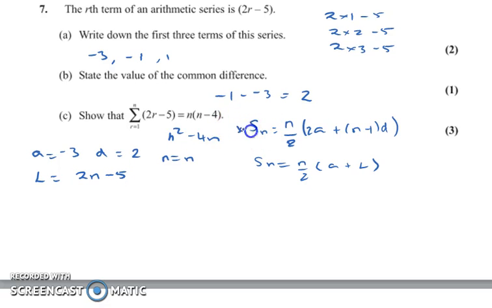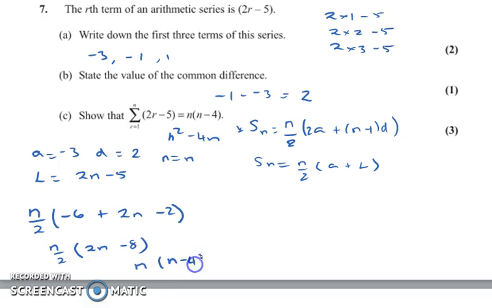So if I do this way first, we have n over 2, 2 times the first term, which is minus 6, and then we've got d times n, so we've got 2n, and d times minus 1, which is minus 2. We've got n over 2, 2n minus 8, which is n minus 4, which is what we were asked to find originally.